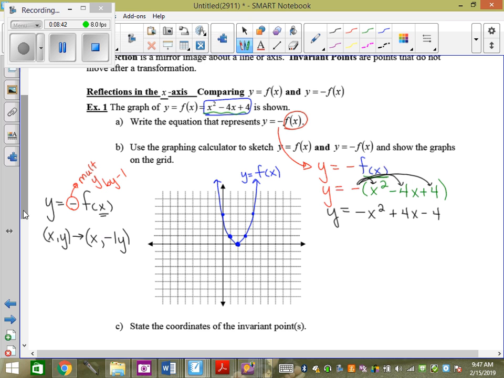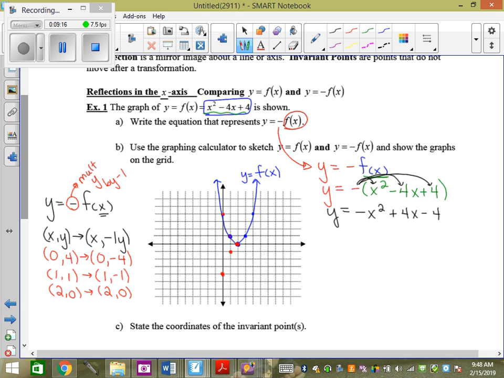So I'll start here from the left. 0, 4 is going to become 0, negative 4. Then I have 1, 1. 1, 1 is going to become 1 and negative 1. 2, 0 is going to become 2 and negative 0, which is just 0.